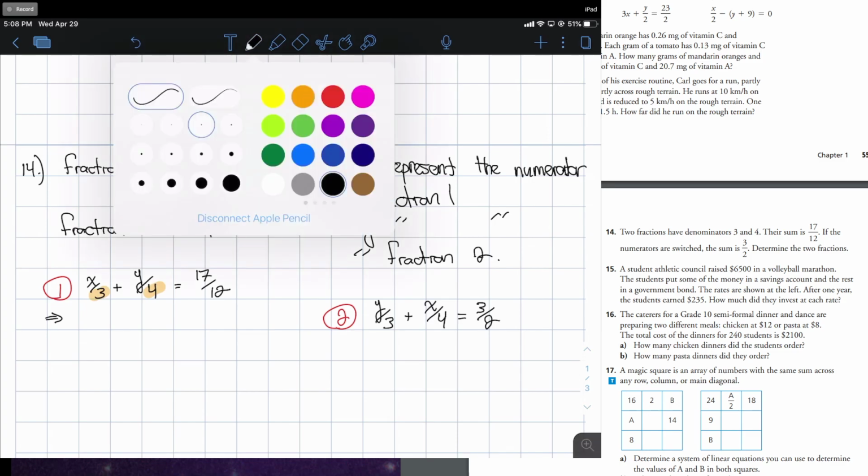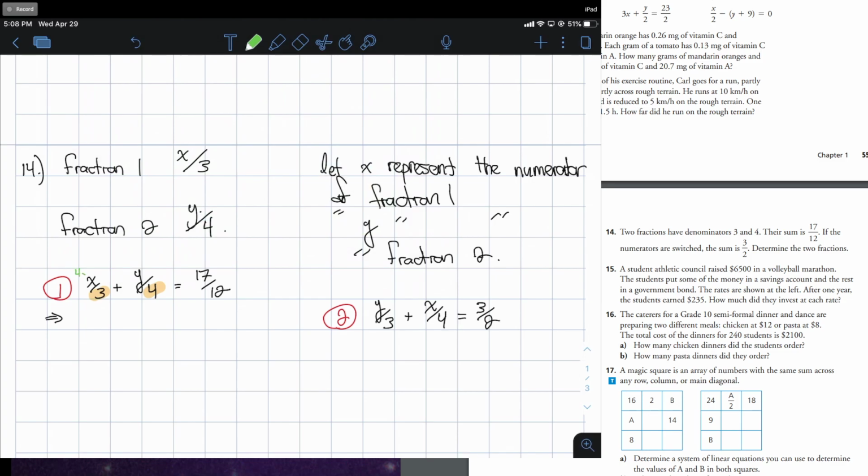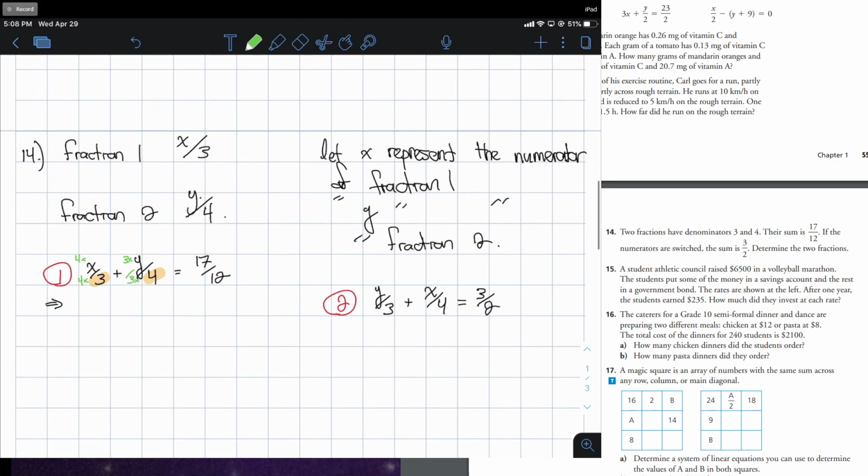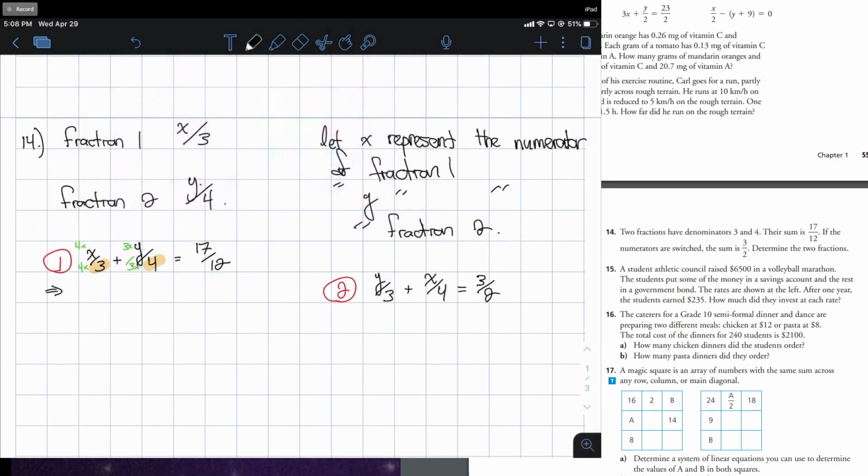And so I'm going to have to multiply the first fraction by 4 over 4, and the second fraction by 3 over 3. And when I do that, I end up getting 4x over 12 plus 3y over 12 equals 17 over 12. And because I found a common denominator, I can simplify this a little bit more.